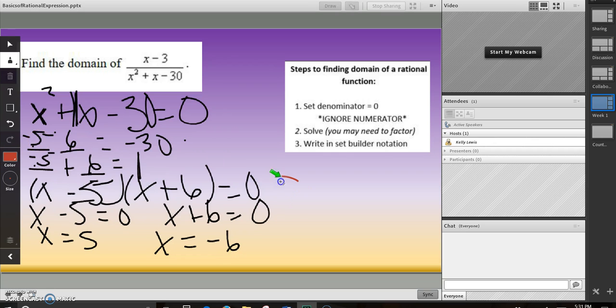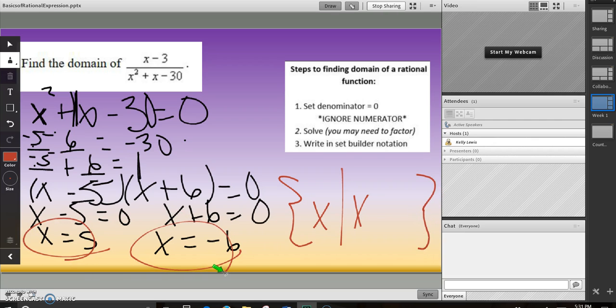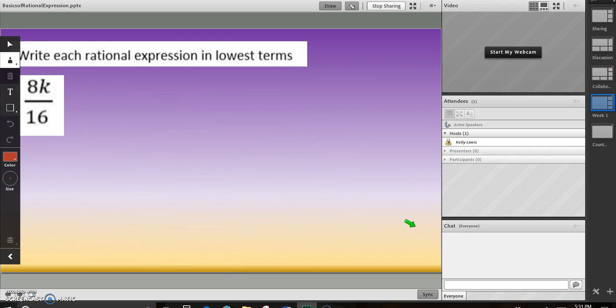Then I have to write it in set builder notation. I have 5 and -6, so x cannot equal 5 or -6. Really I should write the -6 first, because you should write it in numerical order.